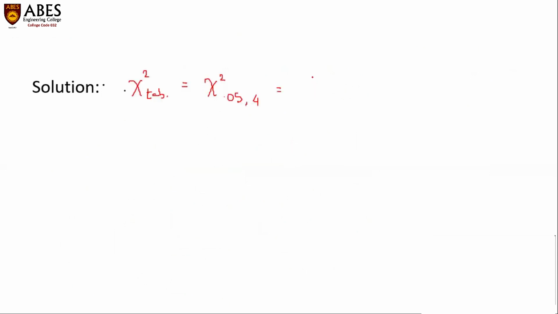So let us write this value as 9.488. Now chi-square tabulated is 9.488 and chi-square calculated is 19.633. So obviously the chi-square statistical value is greater than chi-square tabulated, and therefore the conclusion that we draw is H1 accepted.